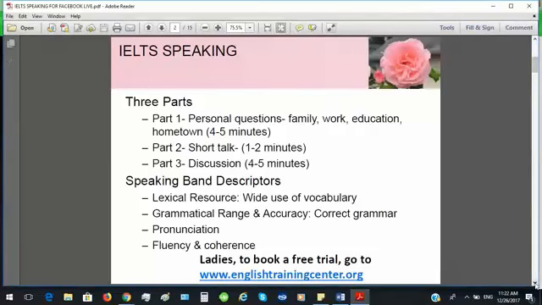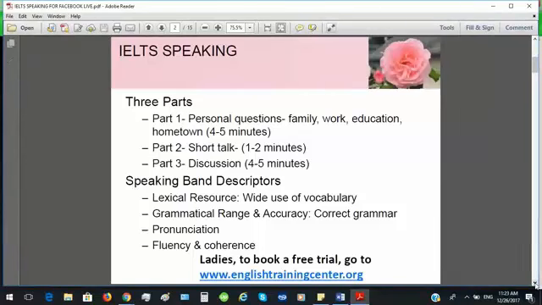All right, I want to take a moment to talk about the speaking band descriptors, which is the rubric or scoring guide that's used to determine your score on the IELTS speaking exam. One thing that is looked at is the lexical resource, whether you're using a wide range of vocabulary.